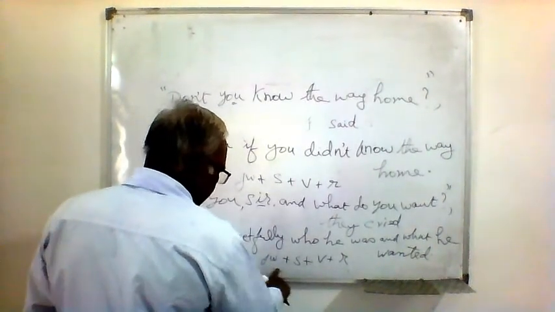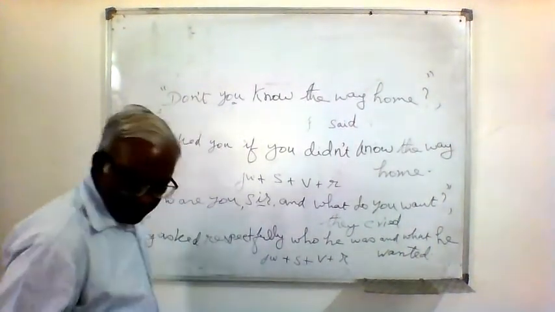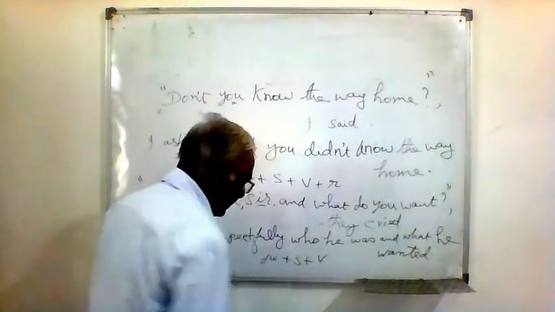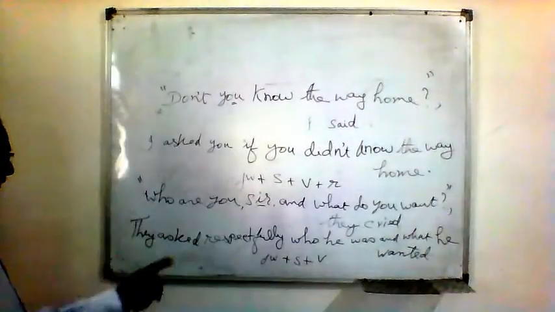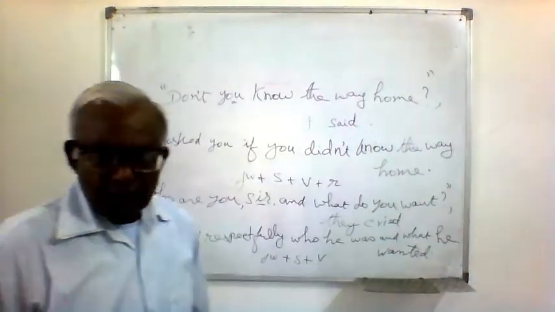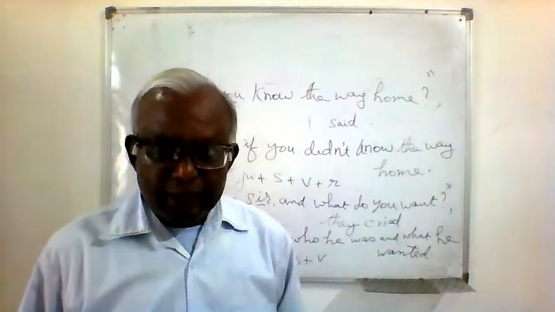And again, what he wanted. The remaining sentence is not here, so only the verb. And this is the way the question sentences change. After this, therefore, now you can practice for yourself a few sentences, both on statements and questions, that will help you to master this skill.